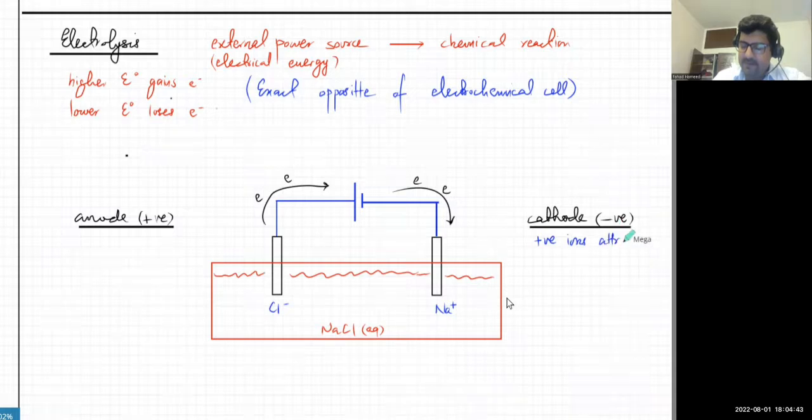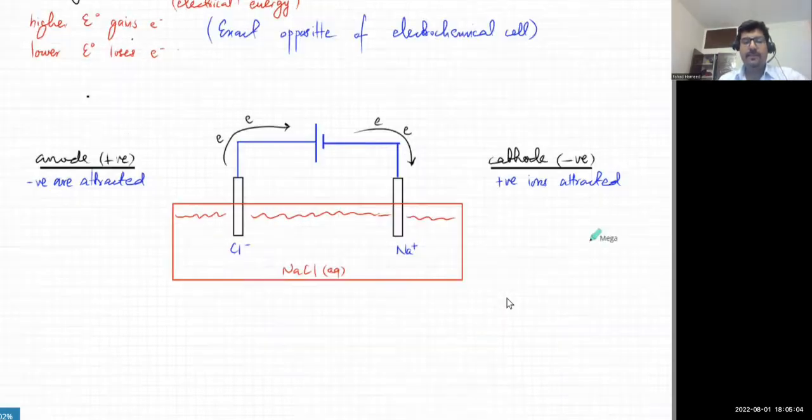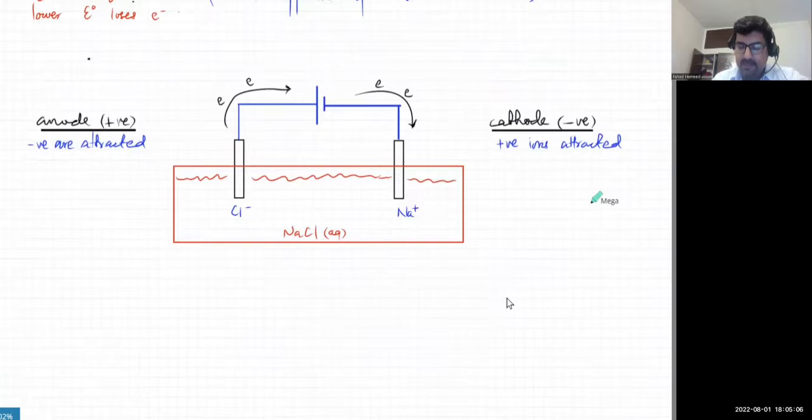So our positive ions are attracted to the cathode, and the negative ions are attracted to the anode. So Na+1 goes to one side, Cl-1 goes to the other side.